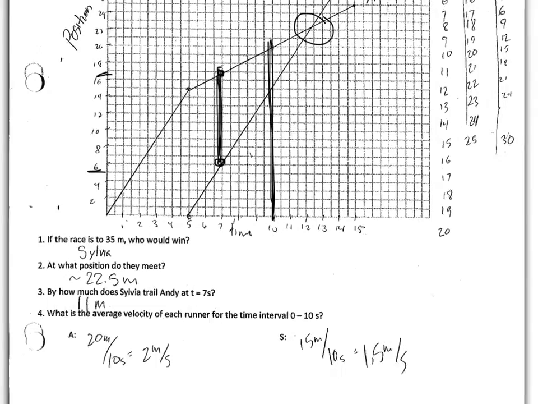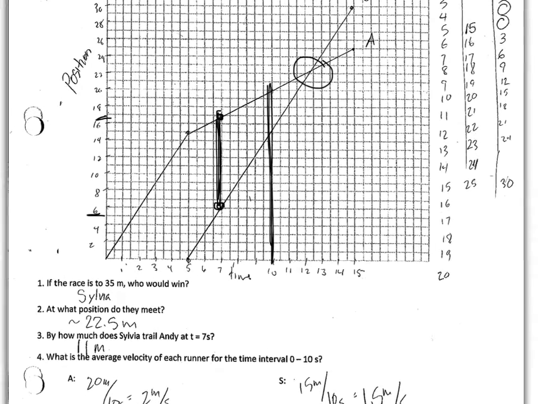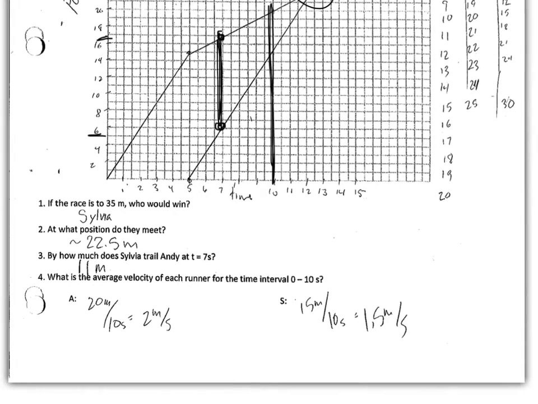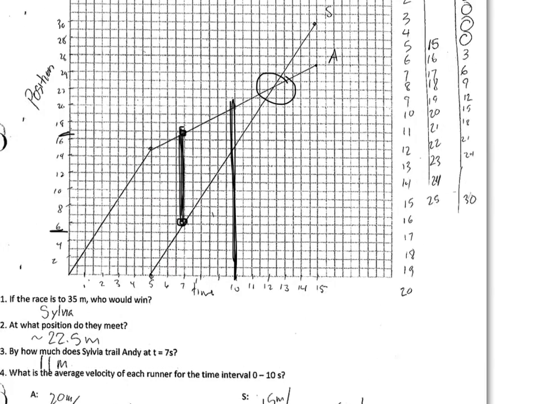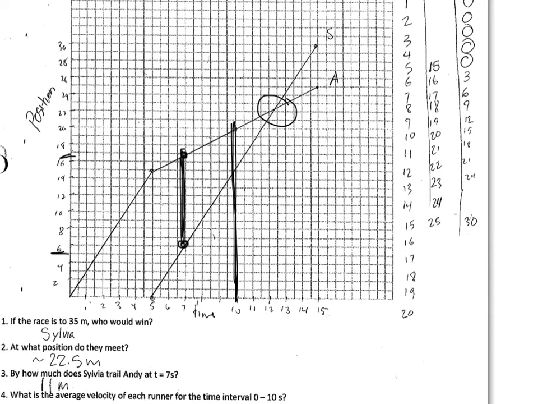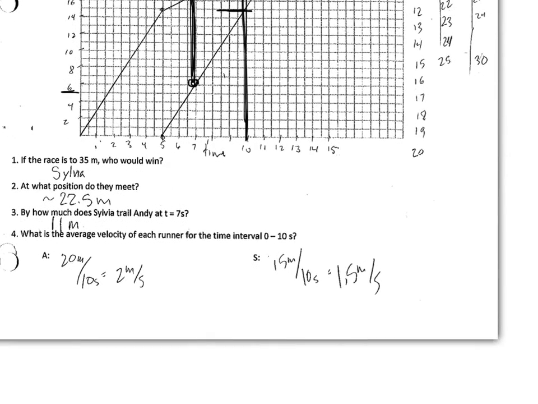So looking at Andy's curve, he is at about 20 meters in 10 seconds, which gives him an average velocity of 2 meters per second. Over that same period of time, mostly because she wasn't moving for the first 5 seconds, Sylvia has only traveled to the 15-meter mark. She's right here. So her average velocity at that point in time is 15 over 10, or 1.5 meters per second.